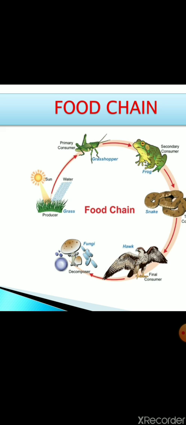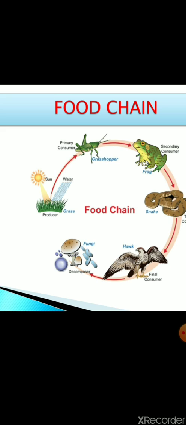Now what is a food chain? For example, if you are eating something, and someone else is eating that, or take just one example here. For example, a grass or plant which is trapping energy from sunlight through the process of photosynthesis.